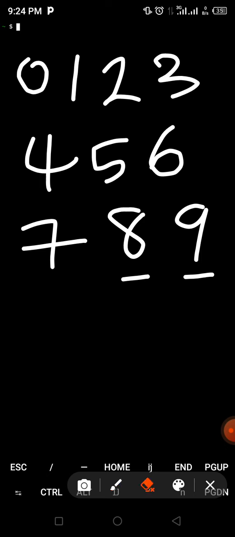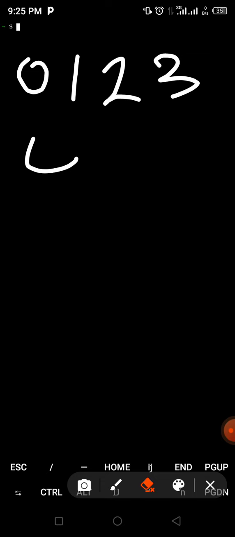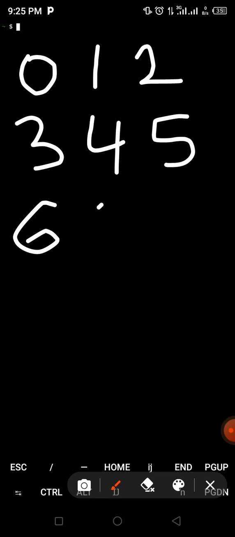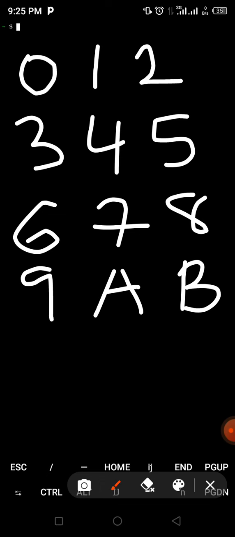In base 16 too, we also have those numbers there. Starting from 0, we have 1, 2, 3, 4, 5, 6, 7, 8, 9, but we don't have 10. So instead of putting 10 there, we have A. That's representing 10. We have B, that's representing 11. We have C.